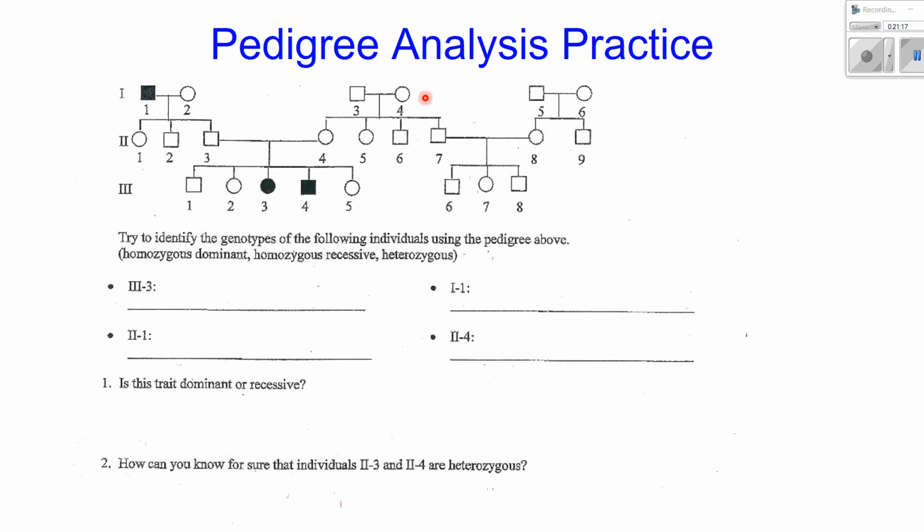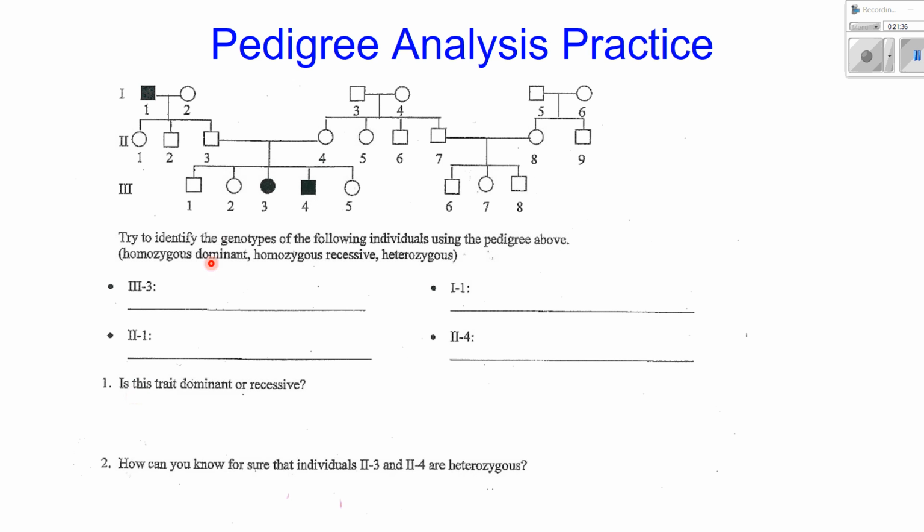Okay, so your task, and what I want you to do at this point is, in just a moment, I want you to pause the video, and then look at the screen, look at this image, and answer question 1 first.